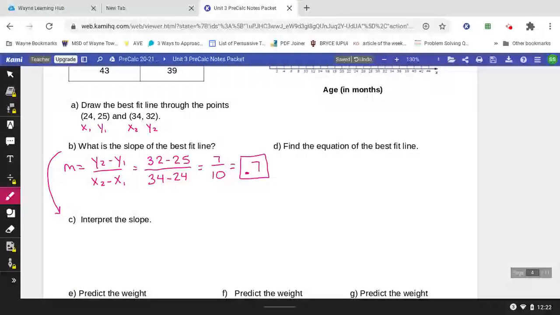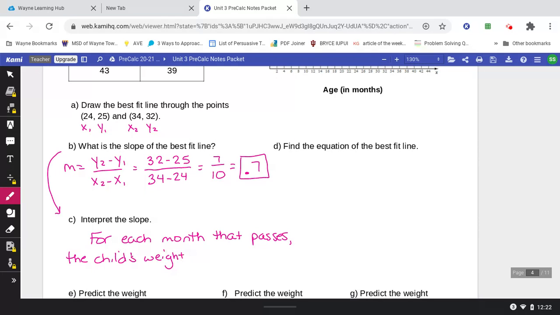Any sentence that sounds similar to that is going to be acceptable. So for each month that passes, the child's weight increases by 0.7 pounds.